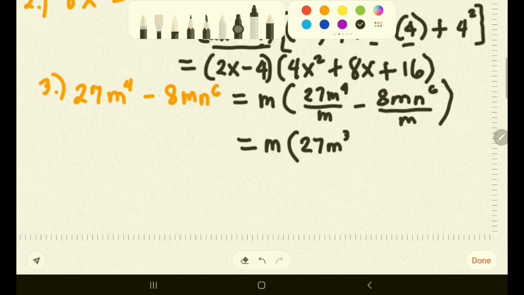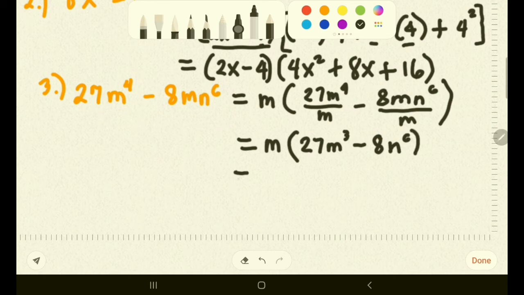Just subtract the exponent 4 and the exponent 1, so 4 minus 1 is 3. And 8mn to the power of 6 divided by m is just 8, because m divided by m is 1. So 8 times 1 is just 8, and you have your n to the power of 6.